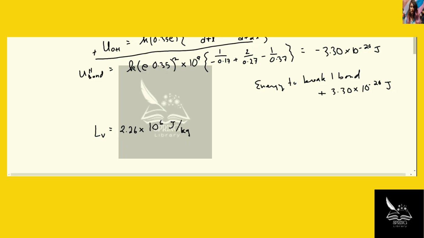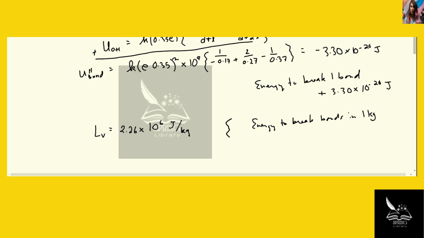Alrighty, so we know the energy it takes to break a bond, and now let's figure out the energy needed to break bonds in 1 kilogram. And that should give us something comparable to the latent heat of vaporization. So let's figure out how many bonds there are in 1 kilogram.